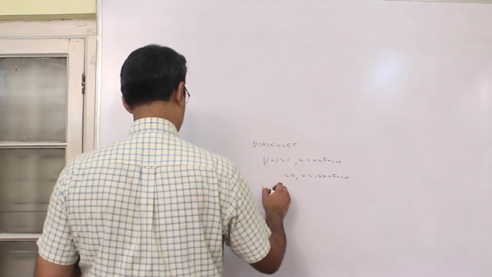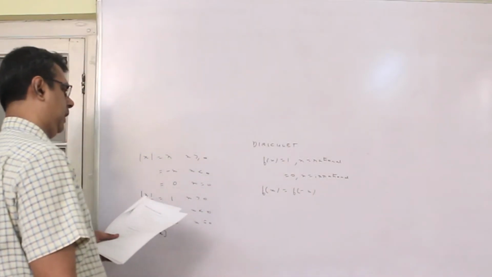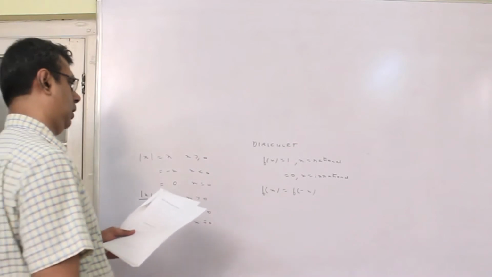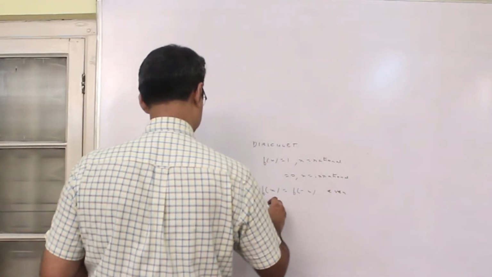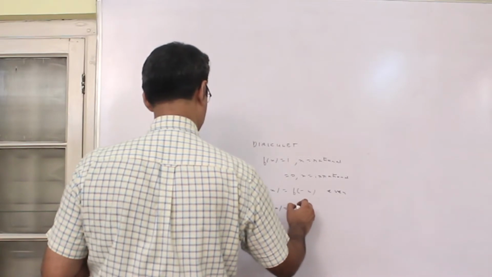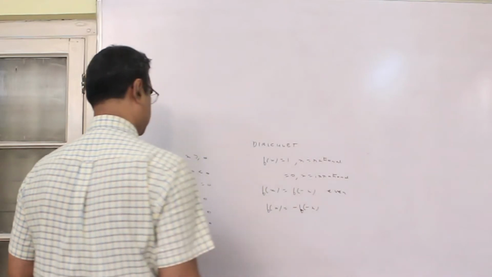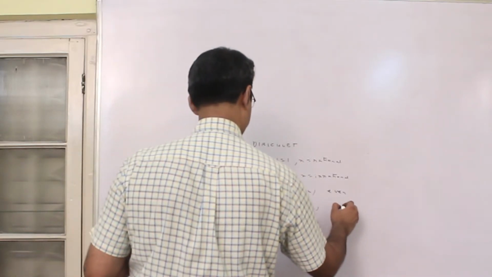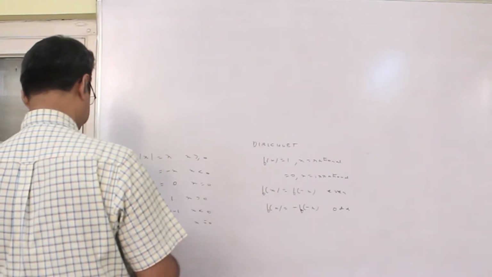Now, what are odd and even functions? If f(x) and f(minus x) are always equal, it is called an even function. And if f(x) and f(minus x) are equal and opposite, it is called an odd function.